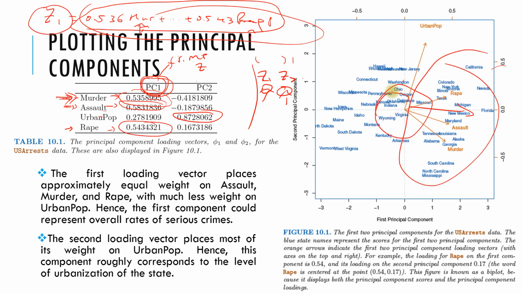And these states that are relatively in the center there, close to zero, represent an average level of crime rate and also an average level of urbanization. All right. So these are some of the interpretations that we can make out of the principal component analysis. So, visualization step. Okay.